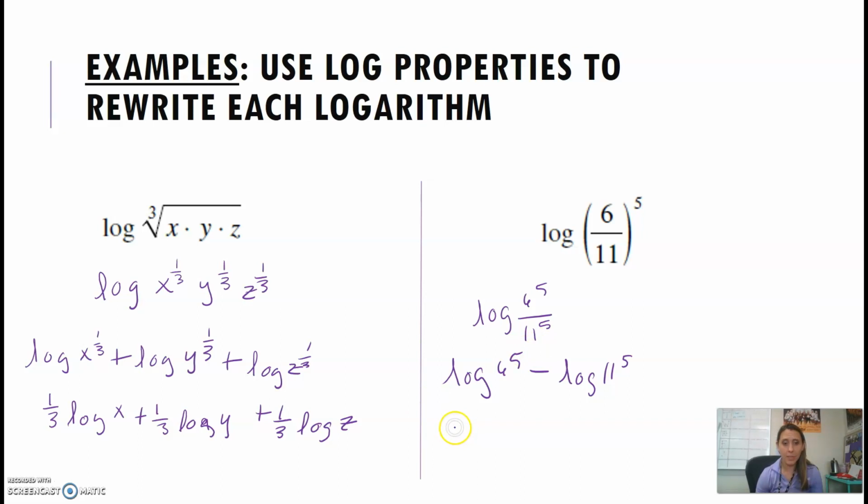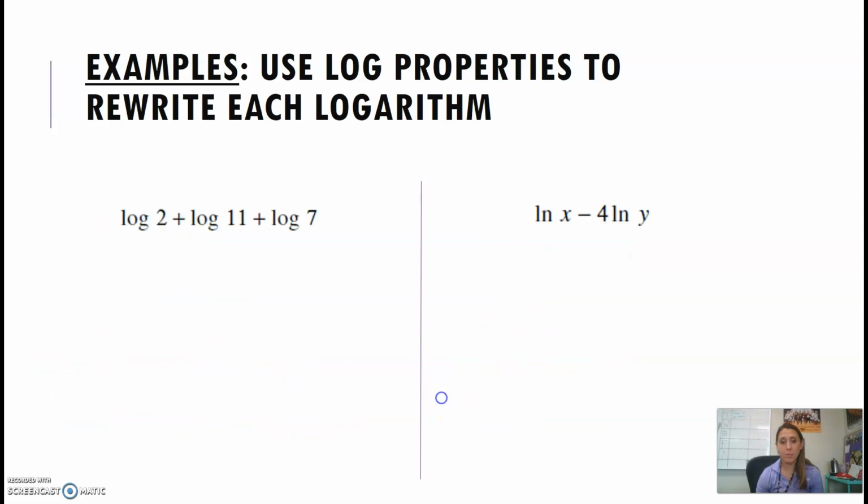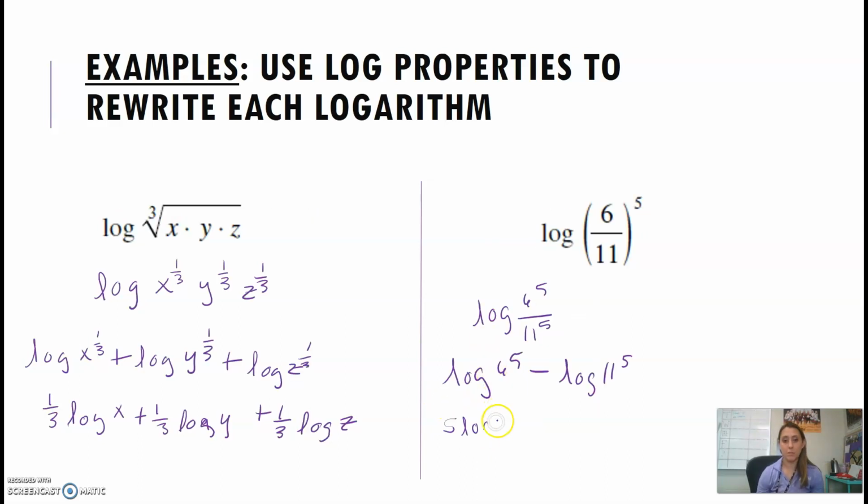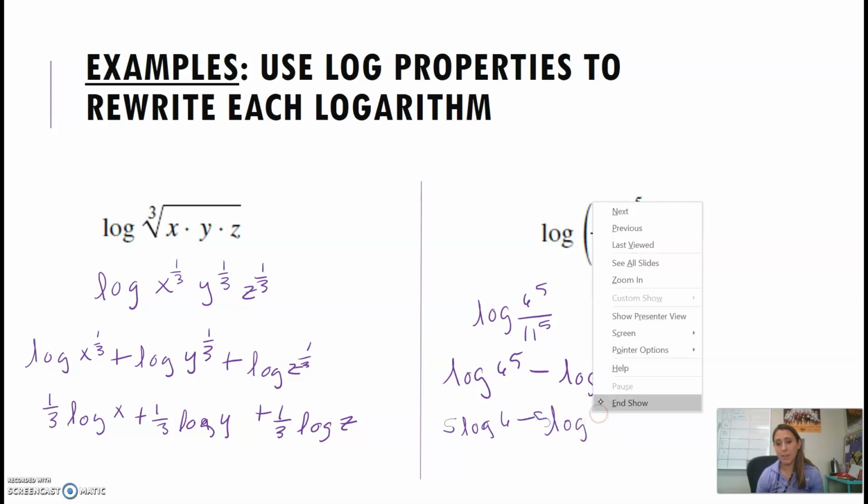And then I'm going to use my power rule and get 5 times log of 6 minus, oops, I forgot the 5, 5 times log of 11.